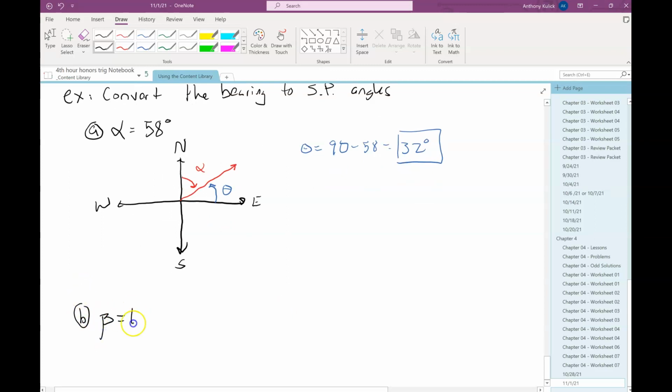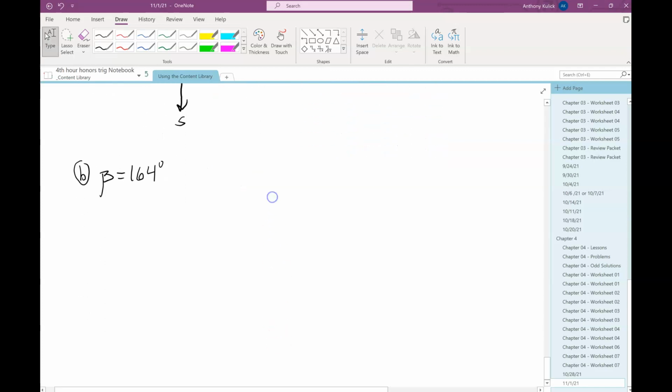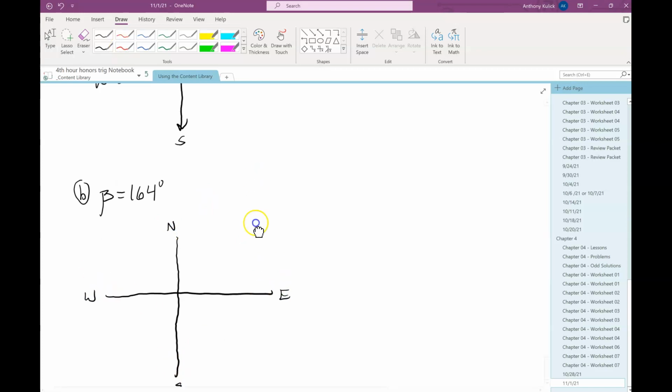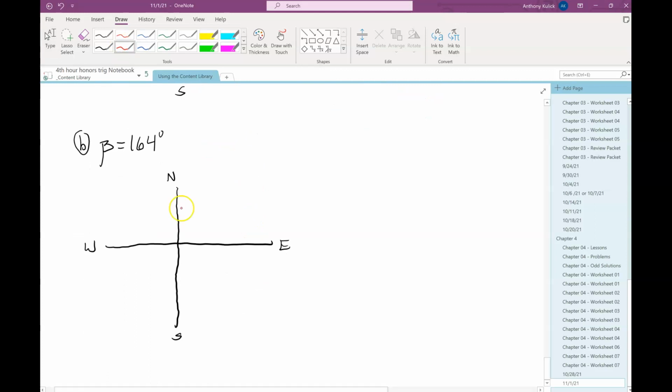Let's say this time our bearing is beta, or 164 degrees. Well, we're going to start the same way. Starting from due north, so we go 90 to here, and then like 74 more to there.